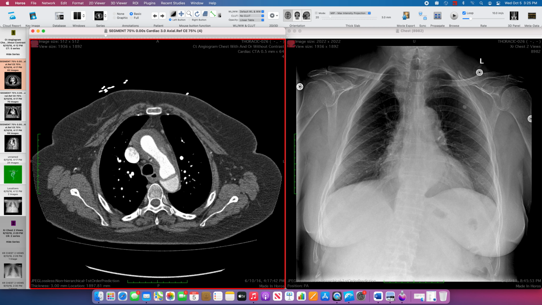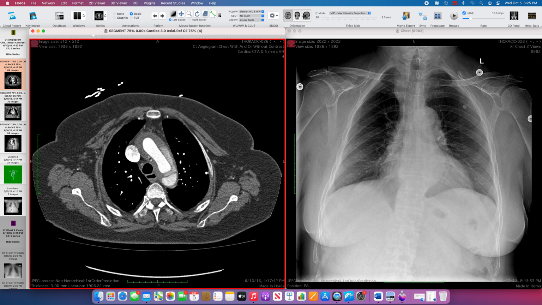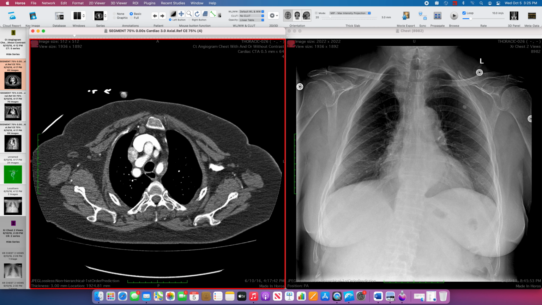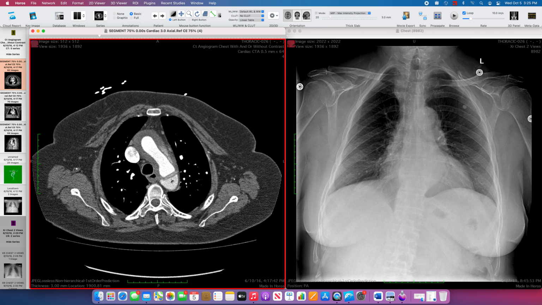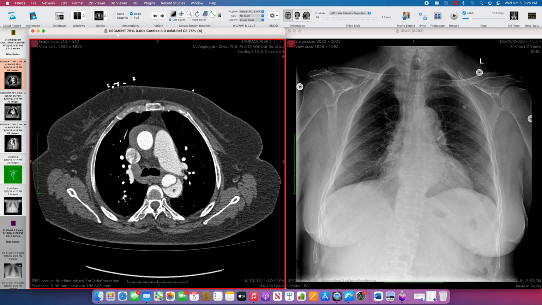And as we go back up to the aortic arch, we see a normal branching pattern, normal contrast-filled branching of our innominate, left common carotid and left subclavian arteries. But this portion of lower opacity that's eccentric in the aorta becomes a little higher in attenuation at the distal arch and into the descending aorta.